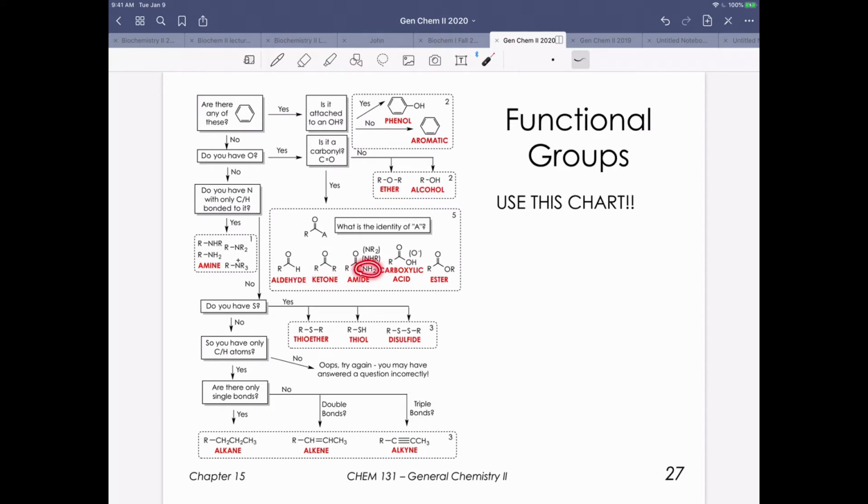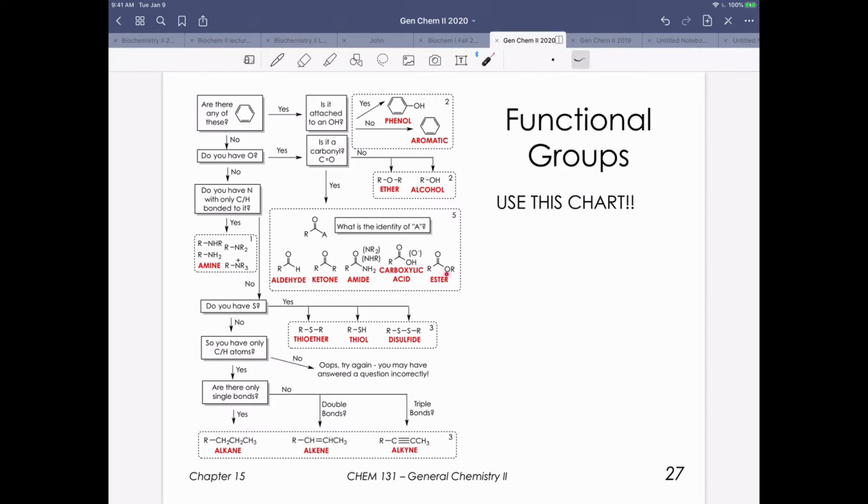If it's a nitrogen atom, and notice this nitrogen can be bonded to 2 hydrogens, 1 hydrogen and 1 carbon, or 2 carbons, we would call this an amide. If it has an OH group, or if it's deprotonated, an O- group, this is an acid, so it can lose that proton. We call this a carboxylic acid.